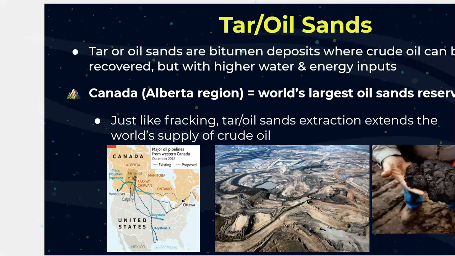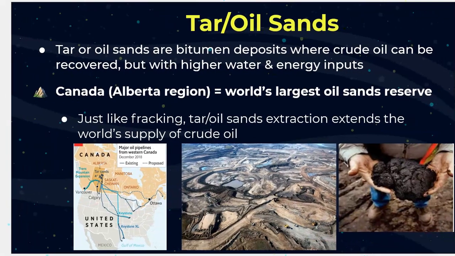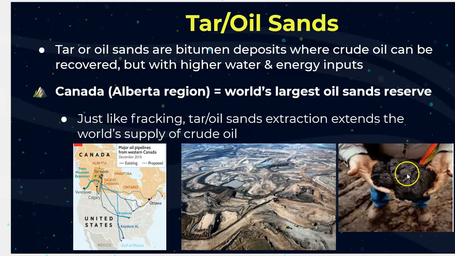Tar sands is kind of what you would call a more unconventional form of oil. This is a great picture of what it looks like. So again, instead of finding the liquid in a formation down below and pumping it up with a straw, we're going to have to get this stuff and use hot water to get the oil out.